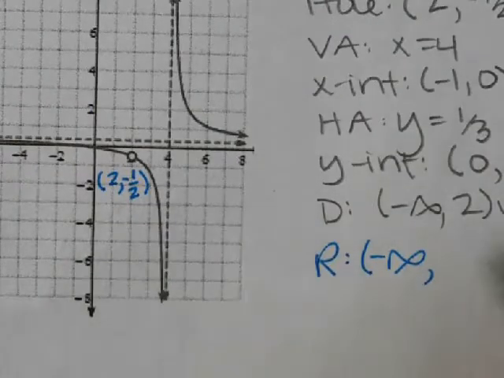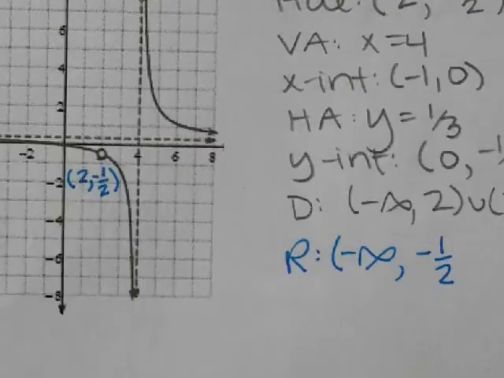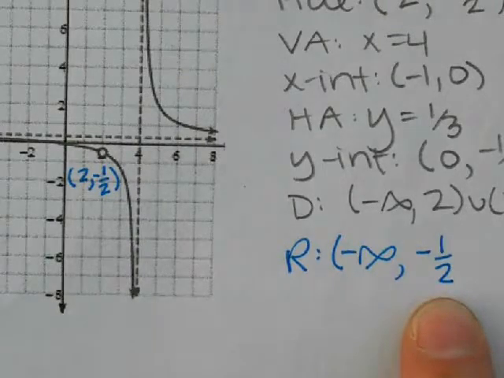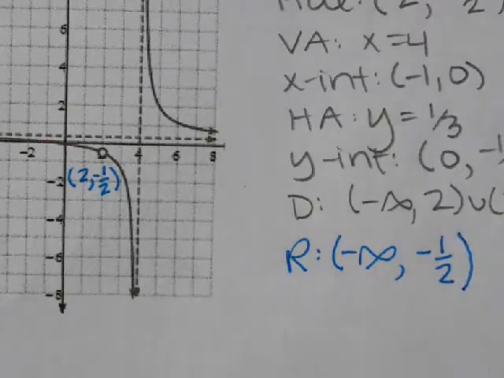So we have all these negative values until we get to -1/2. -1/2 is a problem. Negative infinity to -1/2, and I heard someone say parentheses. How come it's not a bracket? It's a hole. Is that point actually on the graph? No, holes are actually missing points from the graph. There's a little gap there. It's not actually there. So we put a parenthesis. It's missing.